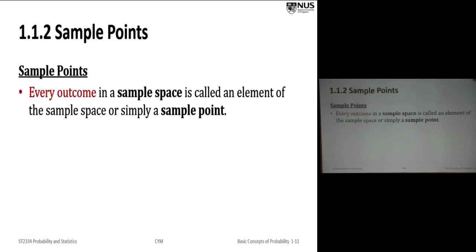Sample point is nothing but just the outcomes. Each element in the sample space, each outcome, is considered a sample point. So it's just a matter of definition. We call them sample points, but in fact it just means the outcome in the sample space, or in all possible outcomes.